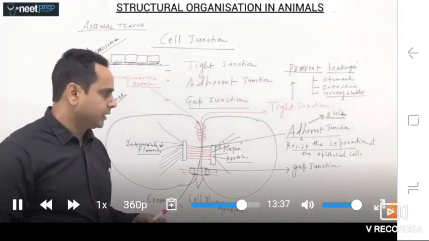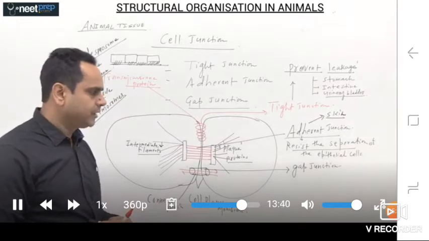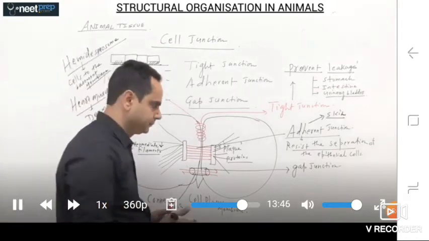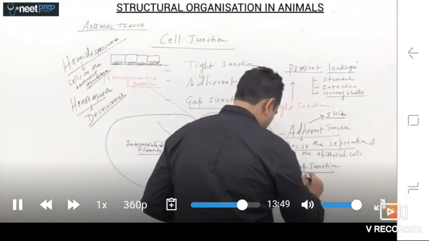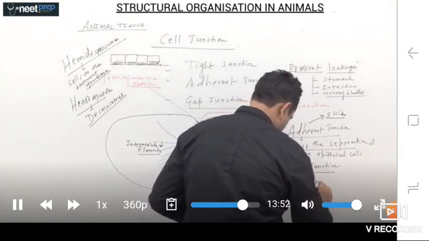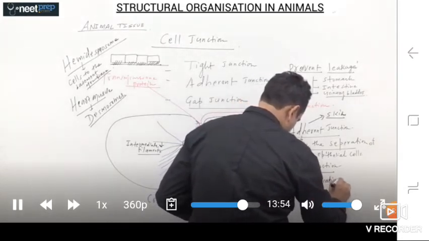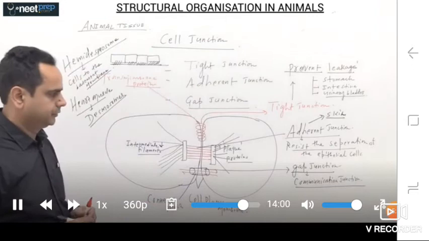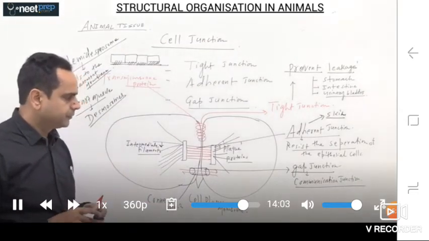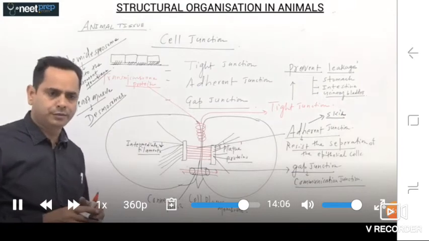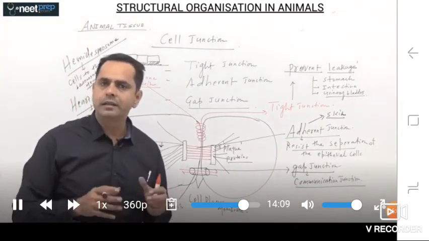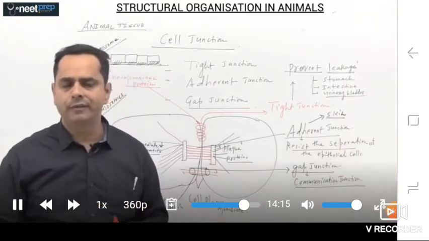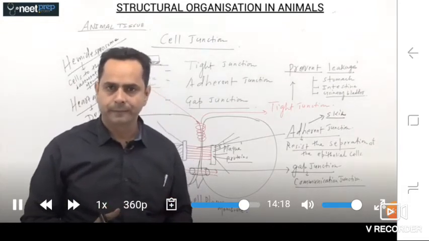Similarly, if we talk about another junction, that is called the gap junction. Gap junction is a kind of communication junction. Remember, gap junction is a kind of communication junction. And by this communication junction, two neighbor cells maintain their chemical homeostasis or chemical balance by the mutual exchange of large and small size molecules.